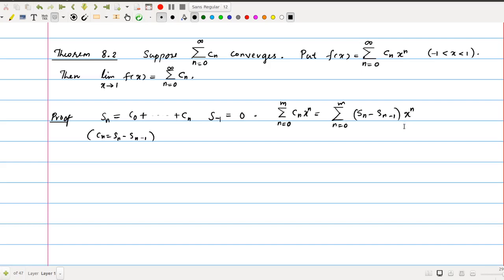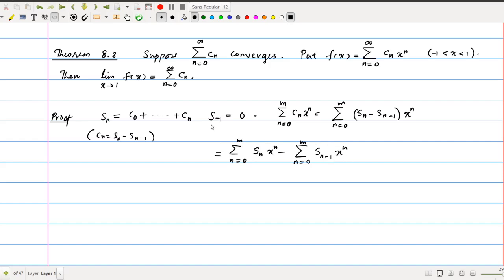Then we rearrange this summation. This is equal to summation n equal to 0 to m, we open this bracket, Sn times x raised to n, minus summation n equal to 0 to m Sn minus 1 times x raised to n.